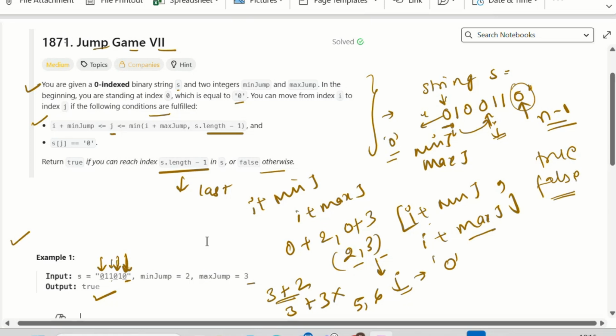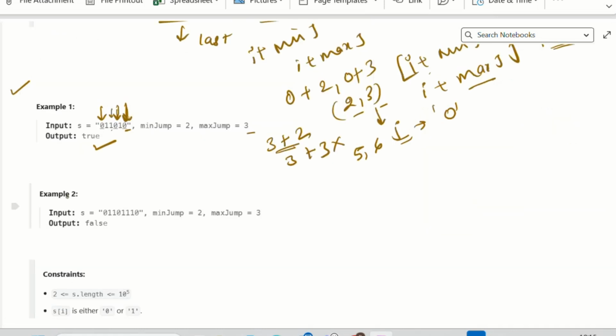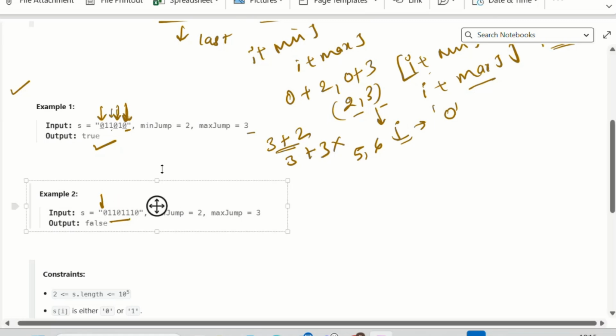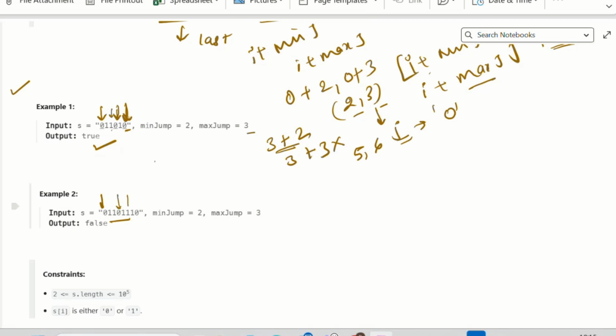Now we will see the second example. This is our string. We are starting from here. From this we can jump to either 2 or 3. Since 2 has value 1, we will not be able to move to the second index, so we move to the third index. From the third index, I can move to the fifth index or sixth index, because 3 plus 2 and 3 plus 3.